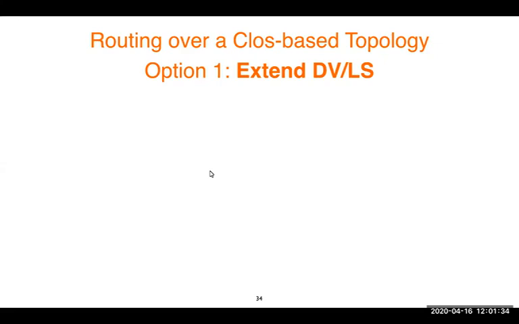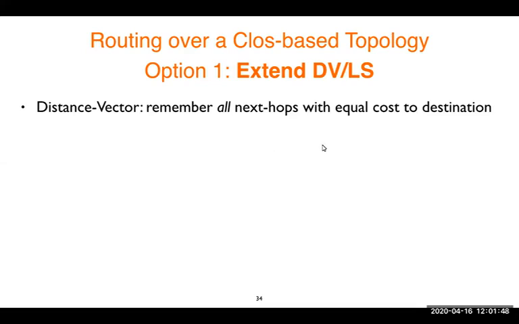How would you extend it to run on a Clos topology? Remember, our goal is to use all the paths and all the bandwidth available. A pretty straightforward fix: instead of just breaking ties and picking one next hop neighbor to the destination, let's modify the algorithm to remember all the next hop neighbors that had an equally good, equal cost path to the destination.